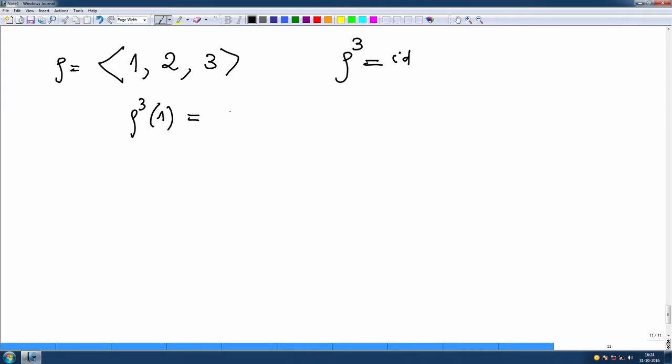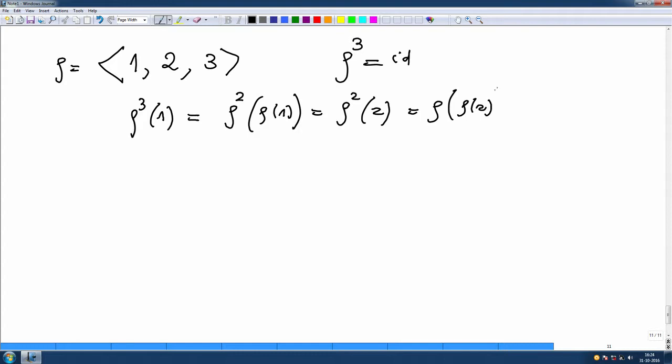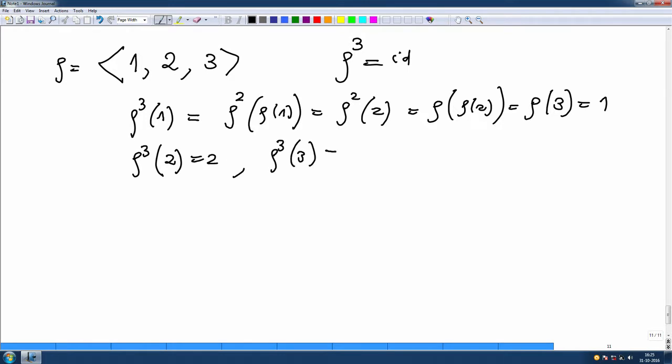Rho cubed of 1 is rho squared of rho 1, but that is rho squared of 2, that is rho of rho 2, but that is rho of 3, that is 1. So it is fixed under rho power 3. Similarly, check that rho cube on 2 is 2 and rho cube on 3 is 3.